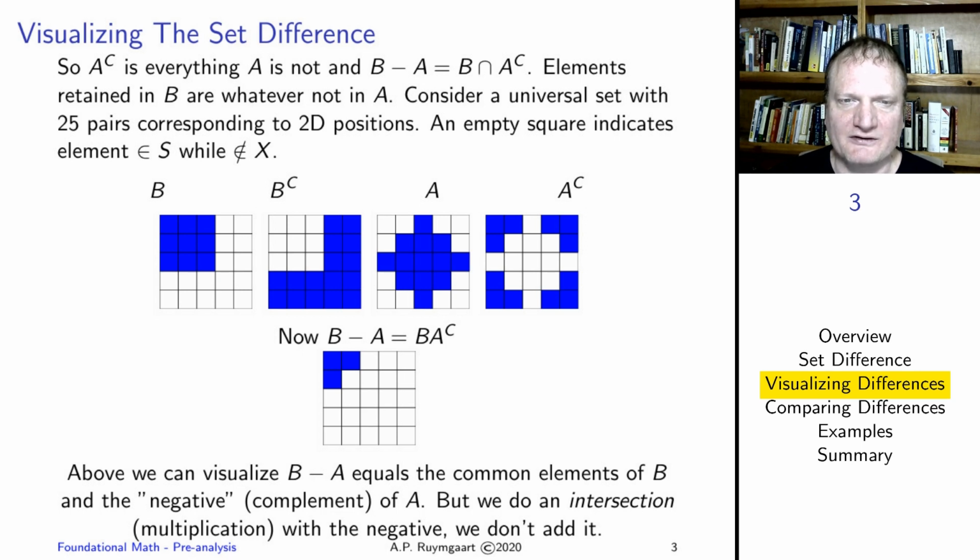So our set B is the top left of the images, and our set A is the third one on the top row, and the difference B minus A is the bottom image.